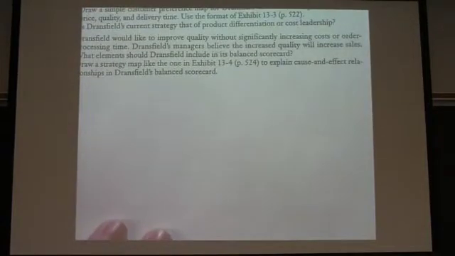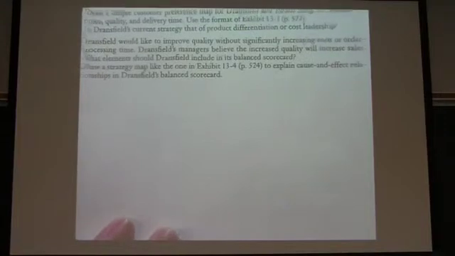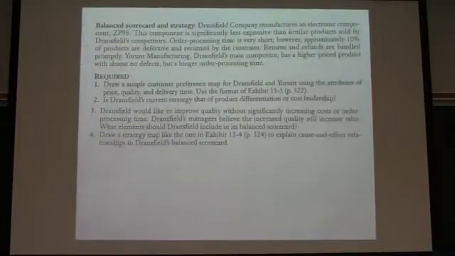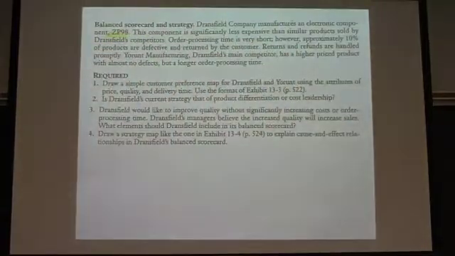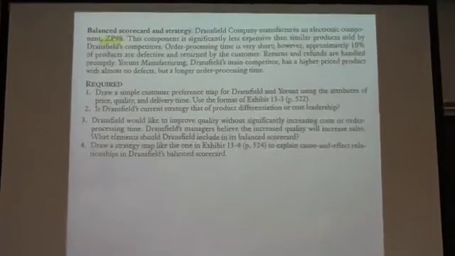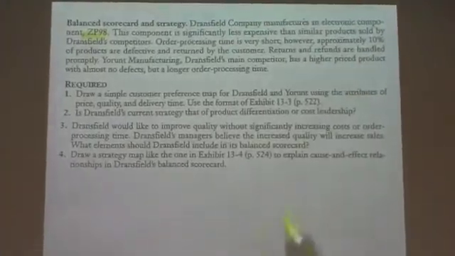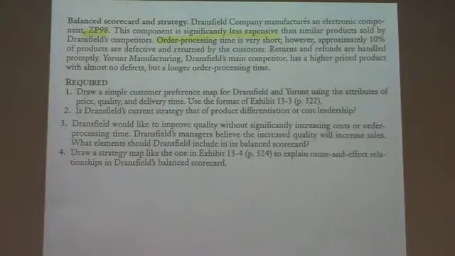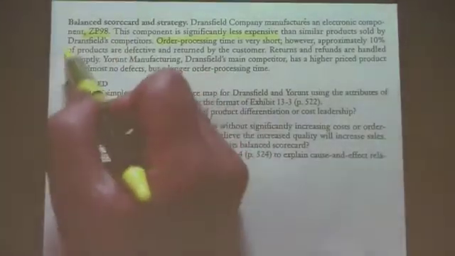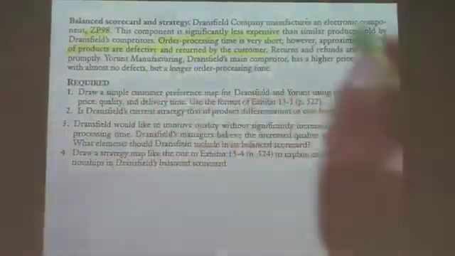So Dransfield makes electronic components, ZP98. The component is significantly less expensive than a similar product sold by their competitors. Order processing time is very short. However, approximately 10% of the products are defective when returned by customers.